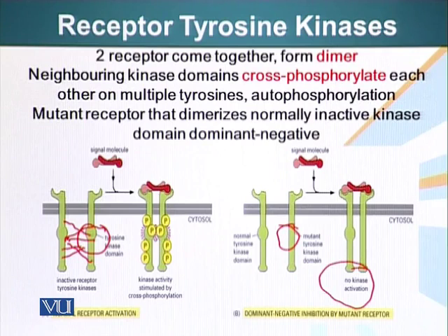This is also termed dominant negative inhibition. Remember, when we were talking about genetics, we said that if there's a mutation in genes that code for proteins responsible for enzymatic function, it results in a disease which is transmitted in a recessive form.